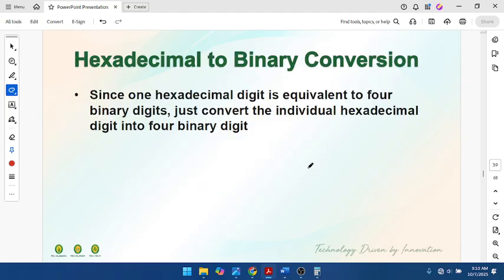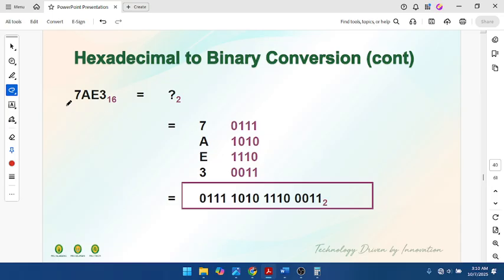Since 1 hexadecimal digit is equivalent to 4 binary digits, just convert the individual hexadecimal digits into 4 binary digits. For example, we have 7A3 hexadecimal to binary.